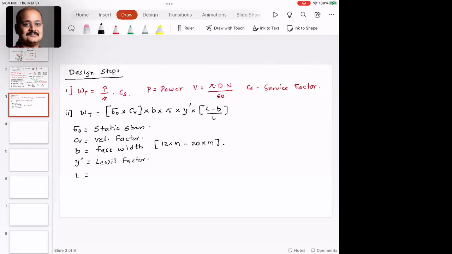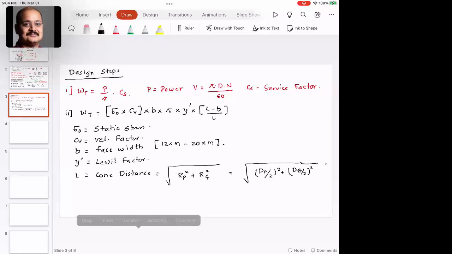L is the cone distance, and that is the square root of radius of pinion square plus radius of gear square. So this is just like a Pythagorean theorem. This can also be written as the square root of (dp by 2) square plus (dg by 2) square.